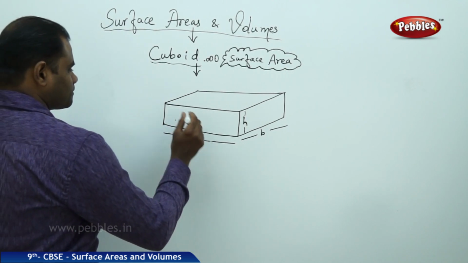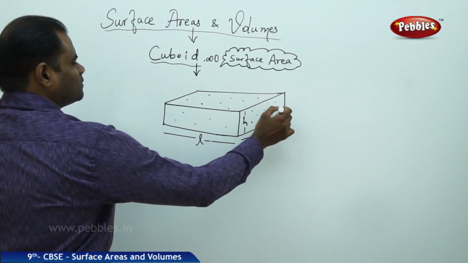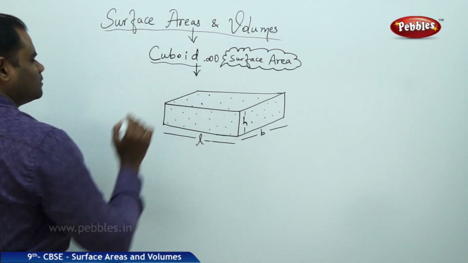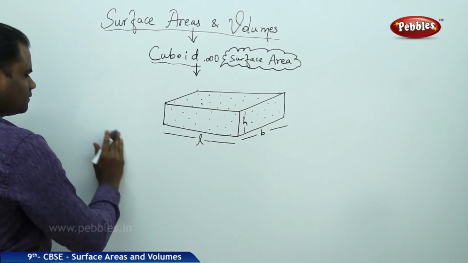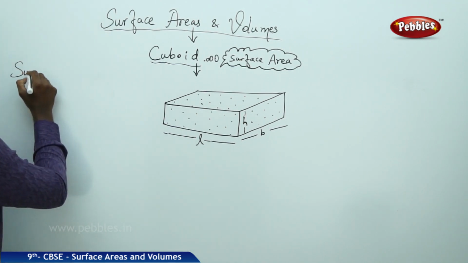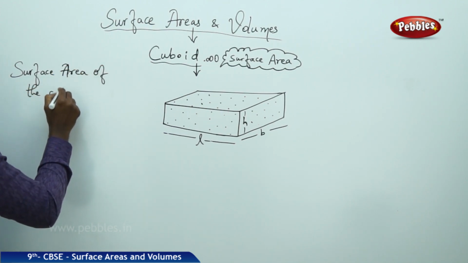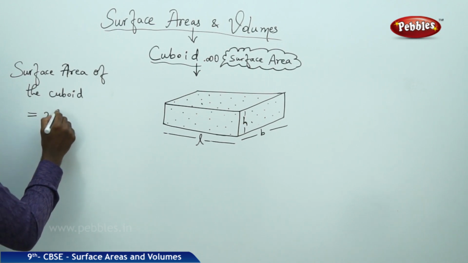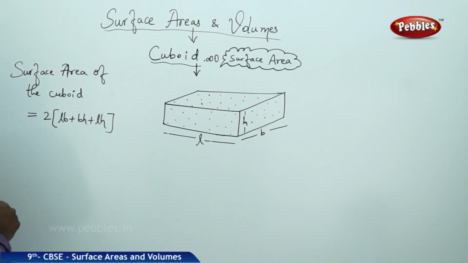So for such a cuboid which has all the faces covered, we have surface area of the cuboid is 2 times of LB plus BH plus LH unit square.